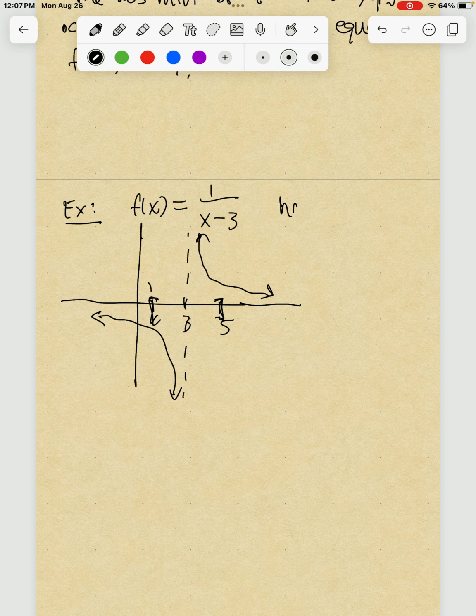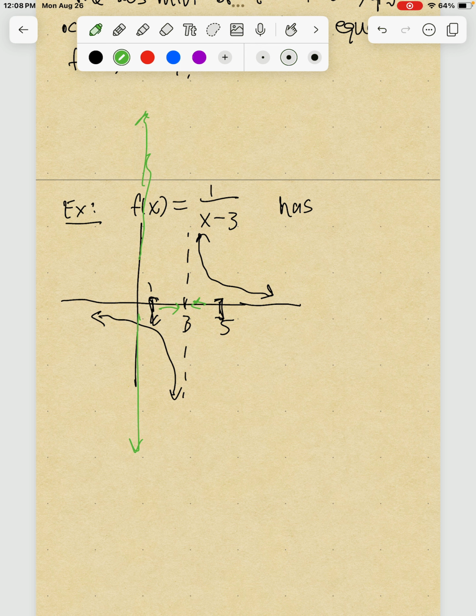Well, does this function have an absolute max or min on the interval from 1 to 5? No, because you have this vertical asymptote, and as x approaches 3 from the right, the y values just go off to infinity, so they attain every possible positive y value. And as x goes to 3 from the left, the y values get arbitrarily negative.